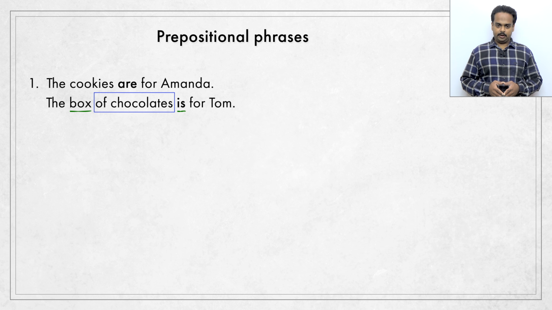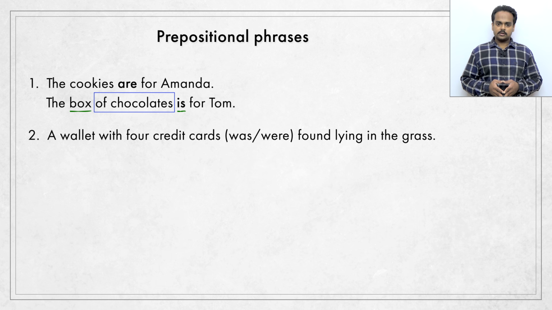Here's another example. A wallet with 4 credit cards was or were found lying in the grass. Which is correct? Pause the video and think about it for a moment. Okay, did you identify the prepositional phrase in this sentence? The phrase is with 4 credit cards. So what thing had 4 credit cards inside?